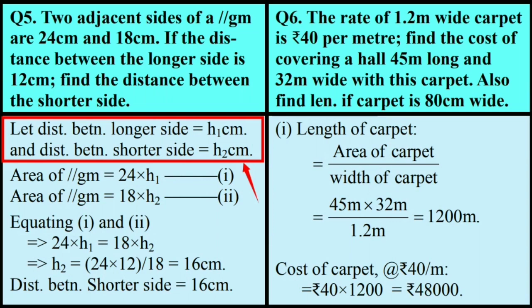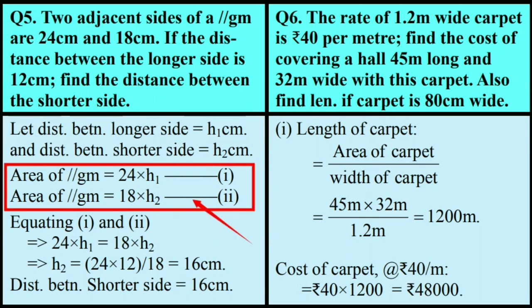It means h1 is given, that is 12 centimeter, and h2 we have to find out, that is the distance between shorter sides. And by formula we know that area of a parallelogram is equal to one of the two parallel sides multiplied by the distance between them.